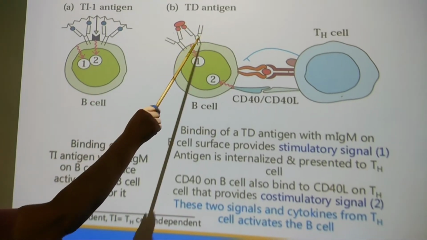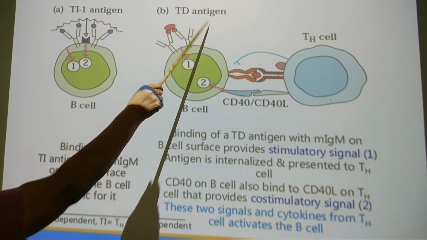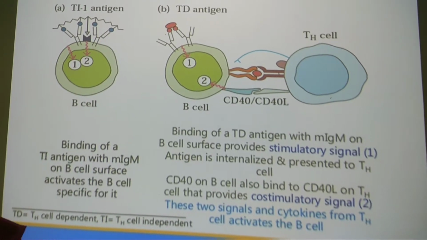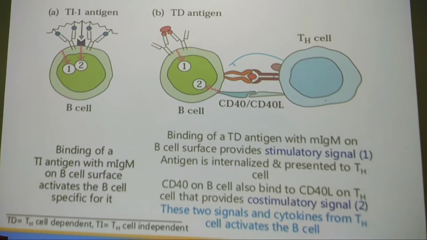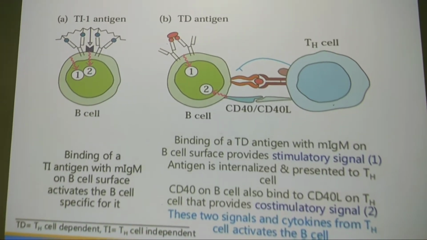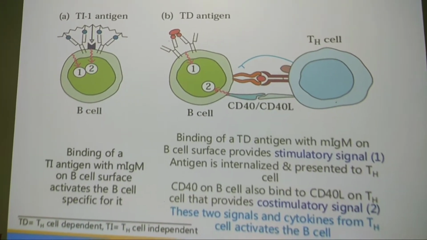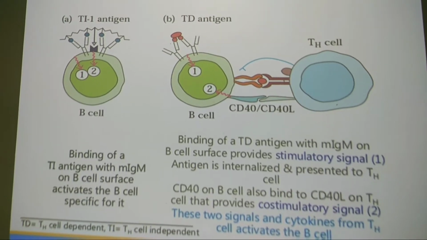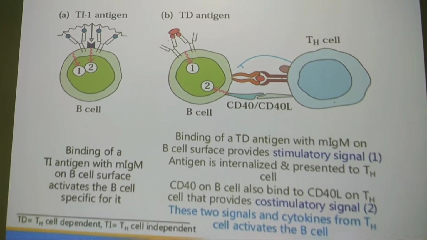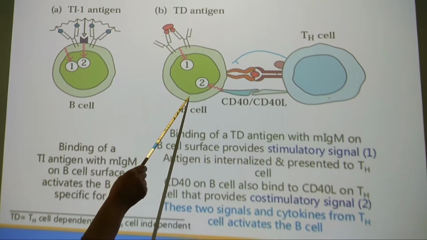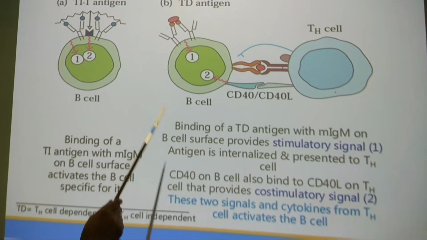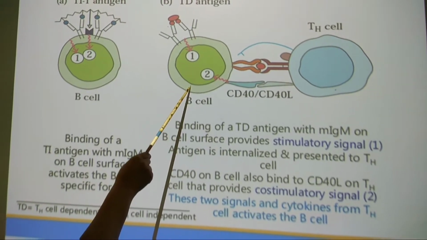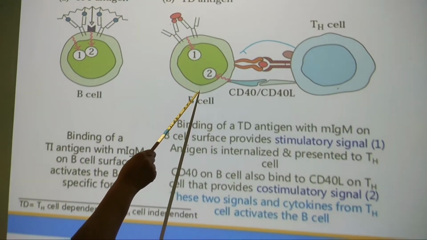And here you have the other type, T-dependent antigens. We have already seen that T-dependent antigen requires the help of T helper cell to initiate the humoral branch of the immune response, that is to produce antibodies. So here you see this is the B cell, and it can be any other antigen presenting cell also.